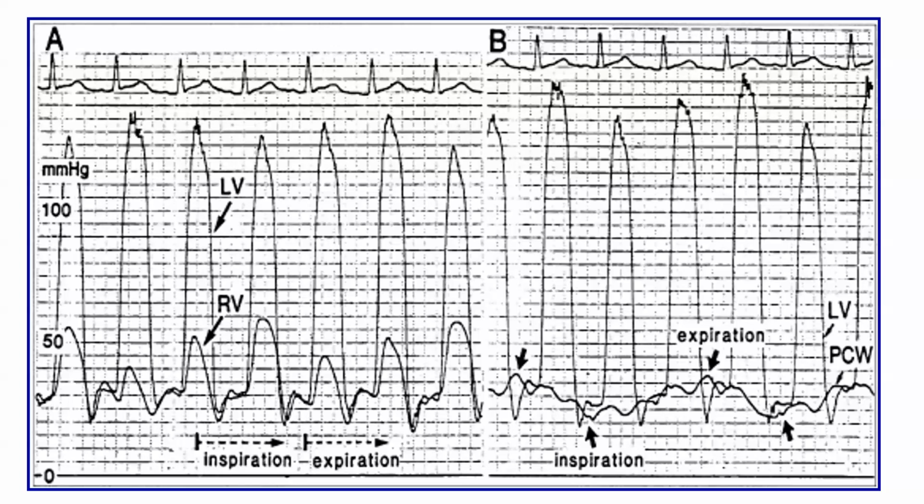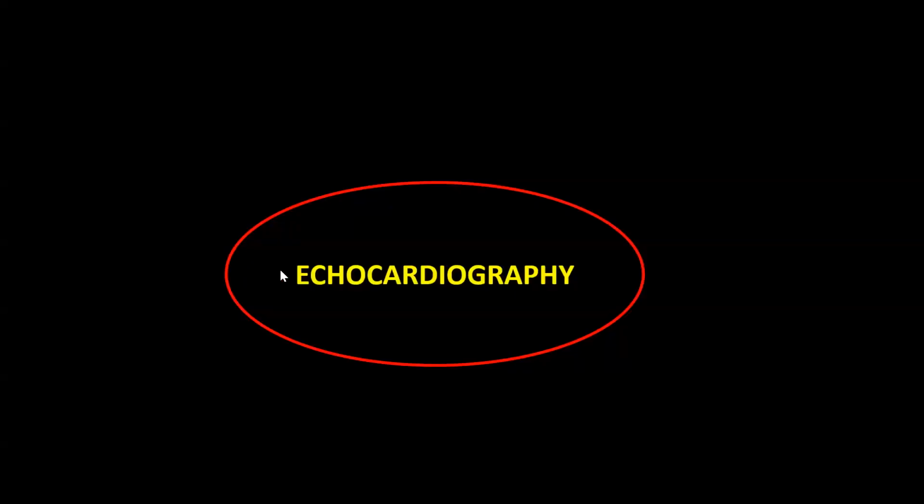This is what's called ventricular interdependence, depending on each other. So the LV pressure will decrease while RV pressure will be elevated during inspiration. During expiration, the venous return through the pulmonary veins to the LV is more, so the LV pressure will be elevated, accompanied by a decrease in the RV pressure. So this is the diagnosis of constrictive pericarditis.